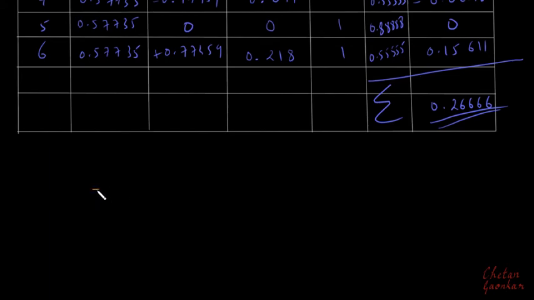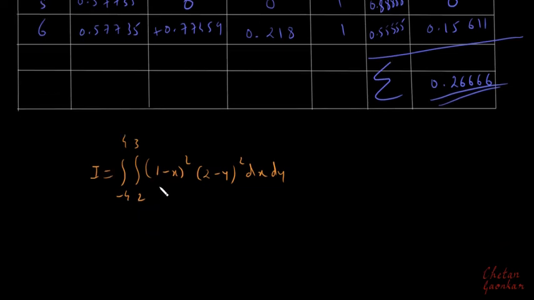Suppose I have r equal to integral -4 to 4, integral 2 to 3, (1 minus x) whole square (2 minus y) square dx dy. If I have this integral, I cannot directly use the Gauss quadrature formula in this case, because they are not in terms of natural coordinates. The domain is not varying from -1 to +1.